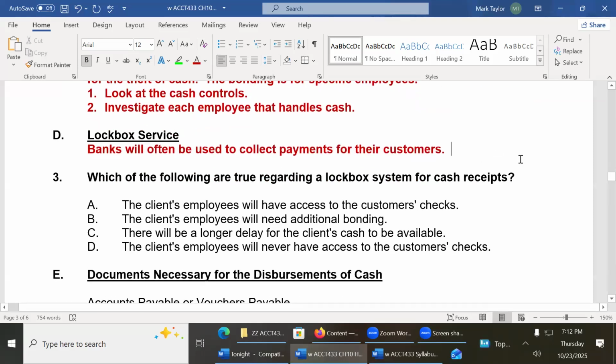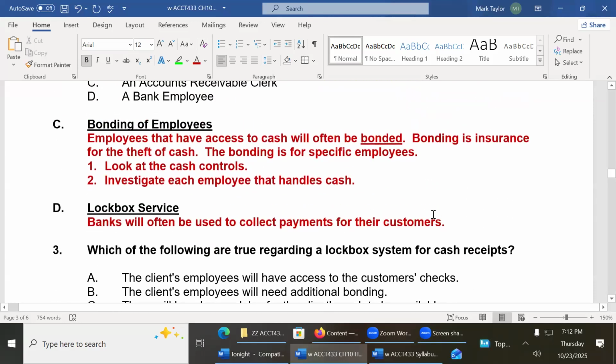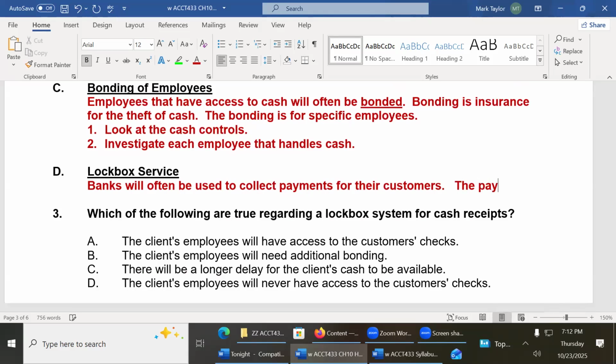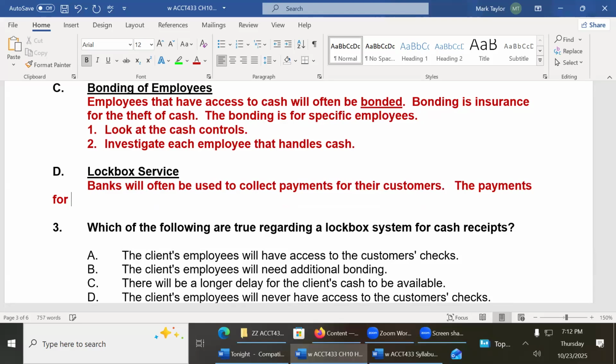And so the payments are sent directly to the bank. So the cash will be collected at the bank.